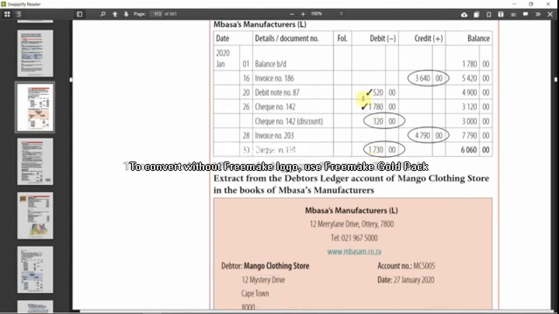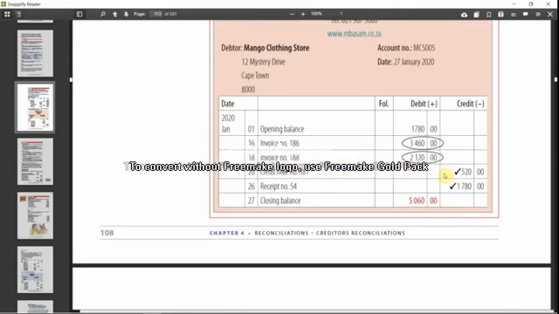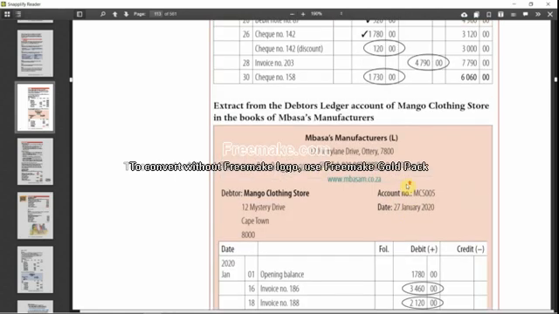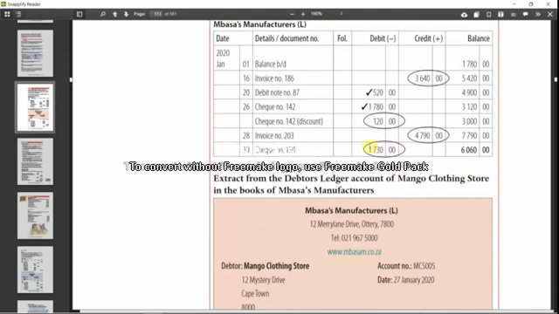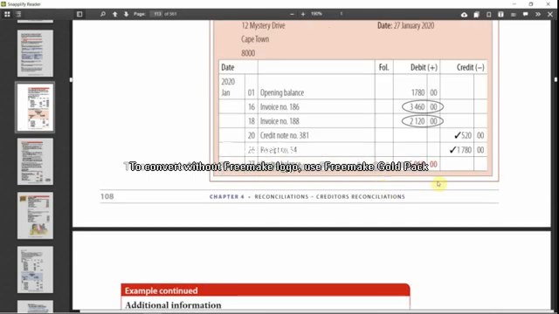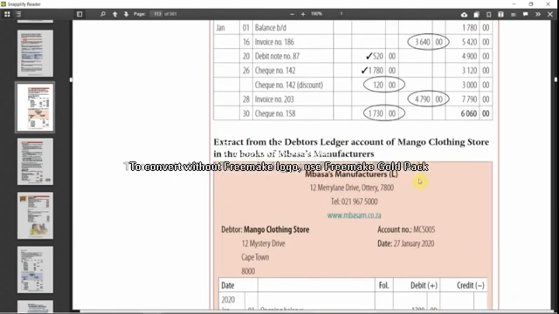And what's important here also is to realize that when we have debit notes on our side, we have to look for their corresponding credit notes. When we have checks on our side, we have to look for their corresponding receipts.